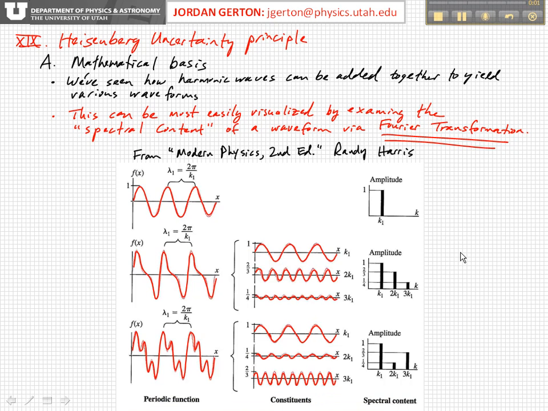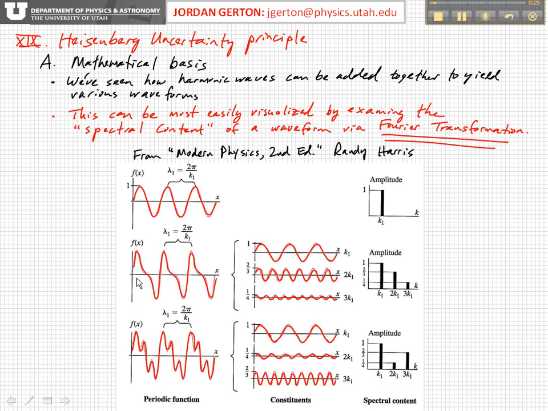Now, one thing that is apparent in looking at this picture is that although we have changed the shape of the waveform by adding in these different waves, in this case three different waves together with different amplitudes, the net waveform is still periodic.